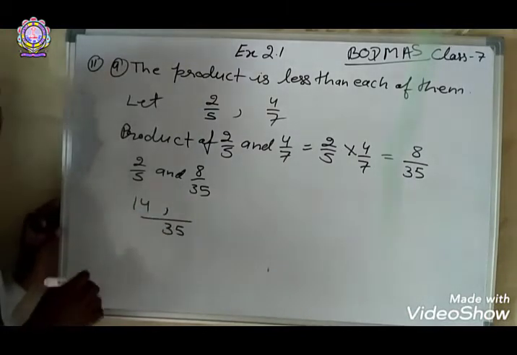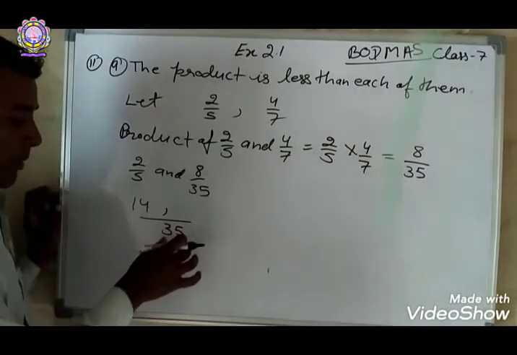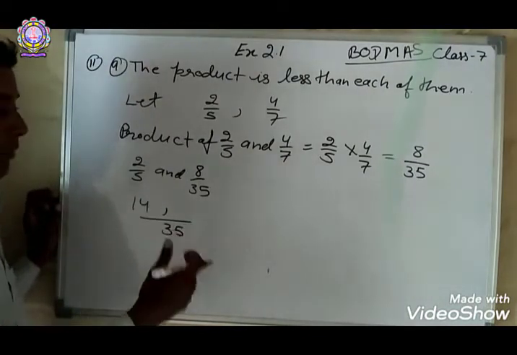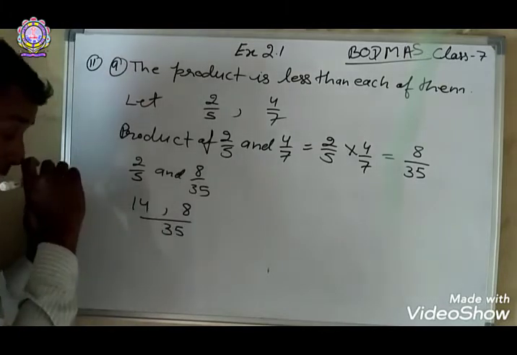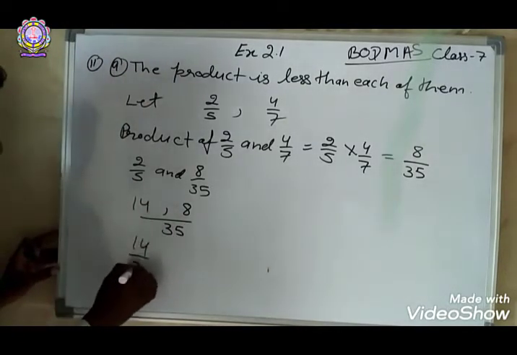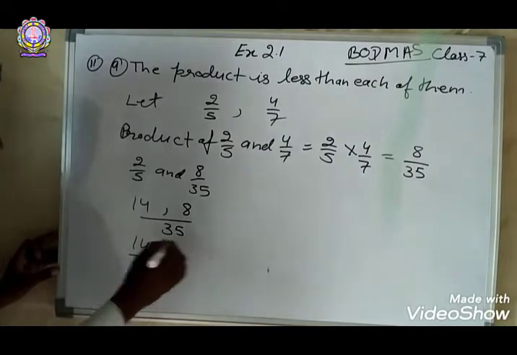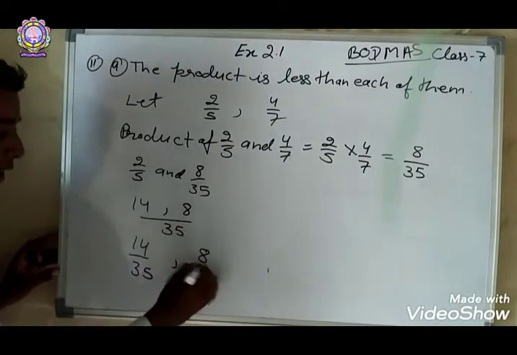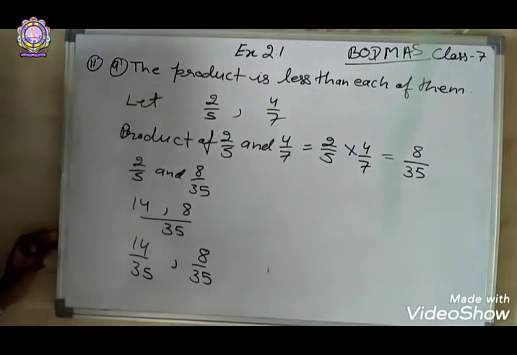We use the comma here. And 35 divided by 35 is 1, and 1 multiplied by 8 is 8. Now separate them: 14 upon 35, comma, 8 upon 35.